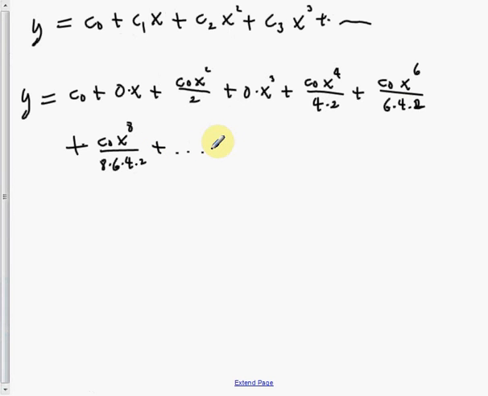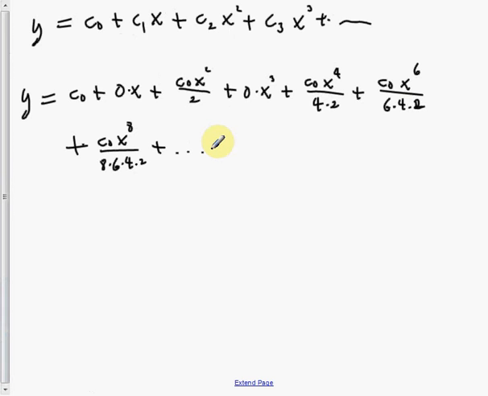Plus, you should be able to see the pattern. That x to the 8th, the previous was x to the 6th, the previous one was x to the 4th, the previous was x to the 2nd, so that's x to the 2n. See that guy? And then the bottom guy is picking up the factorial, but it's the even factorials, right?